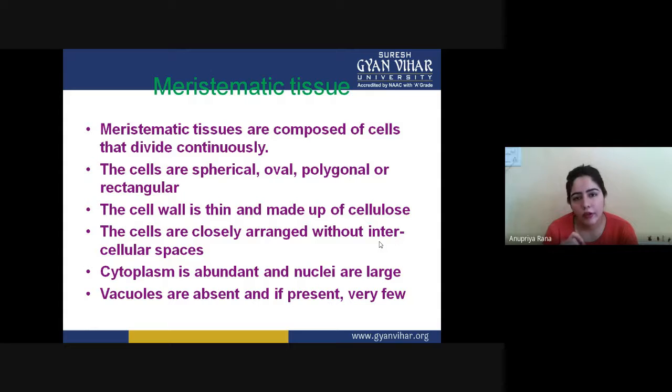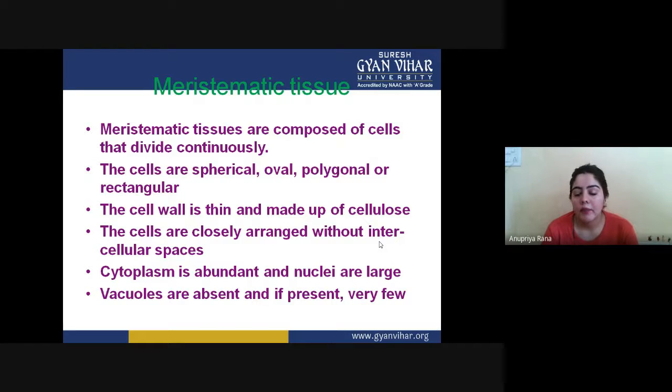Second, if we talk about their structure, they can be spherical, oval, polygonal, or rectangular in shape, and their cell wall is very thin and made up of cellulose. So this is the reason: why is the cell wall thin and made up of cellulose?